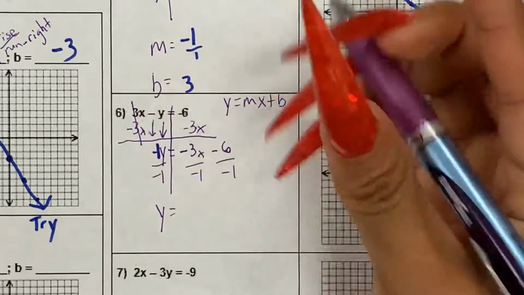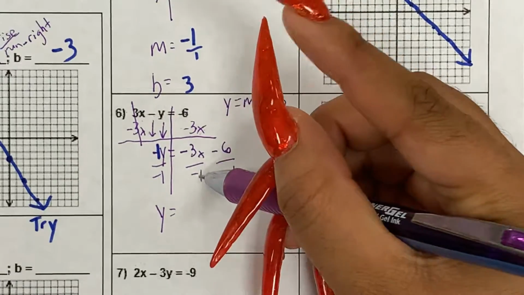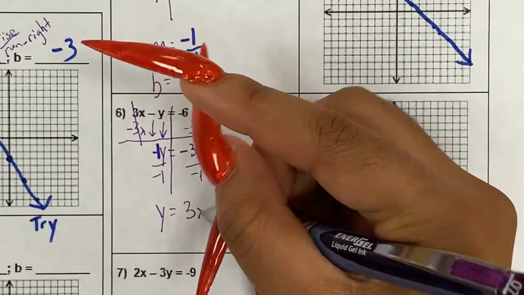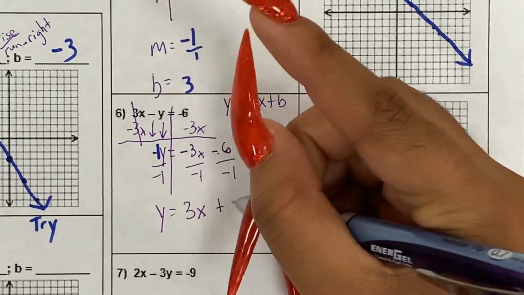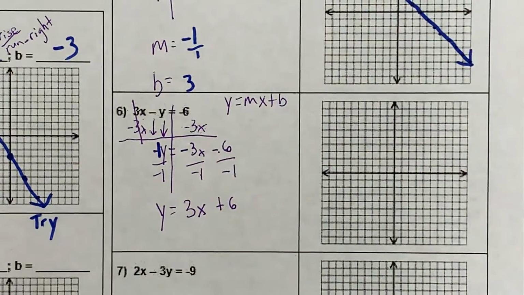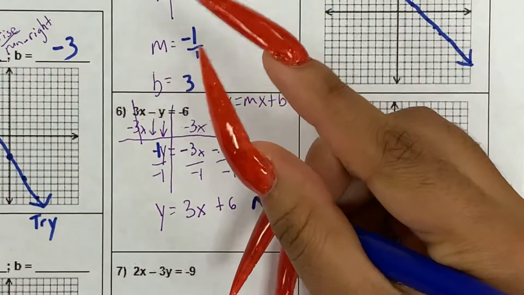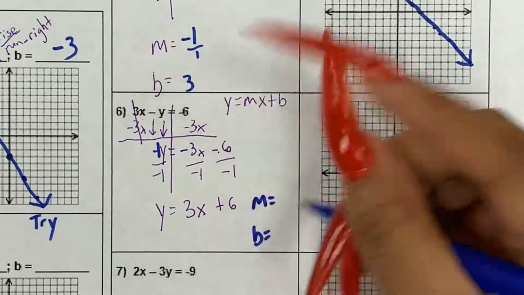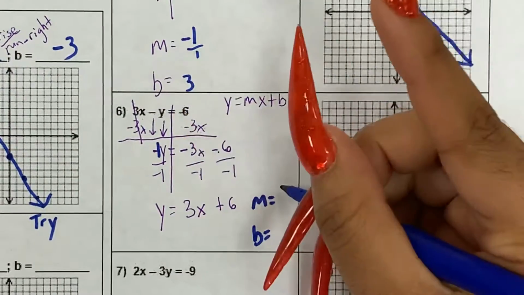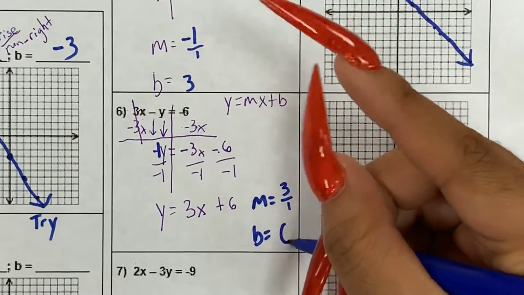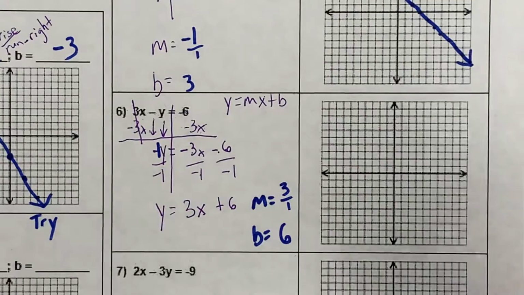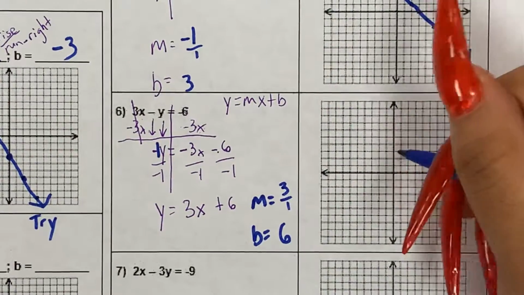So y equals -3 divided by -1 is +3. -6 divided by -1 is +6. So m equals 3. So I'm going to make it 3/1. B equals 6. So I begin at 6 on the y-axis.